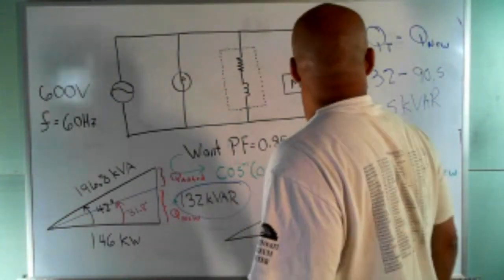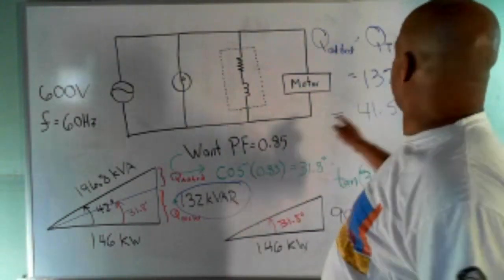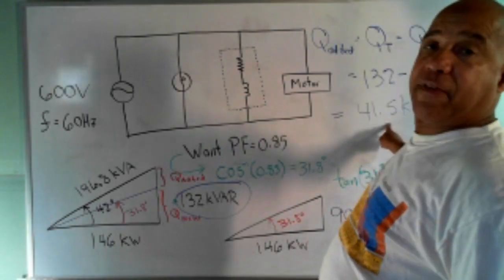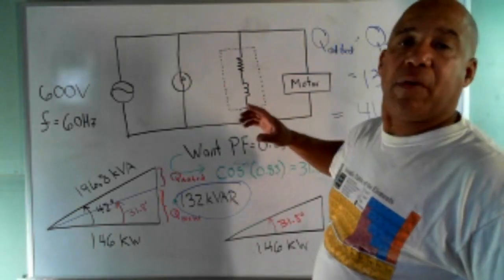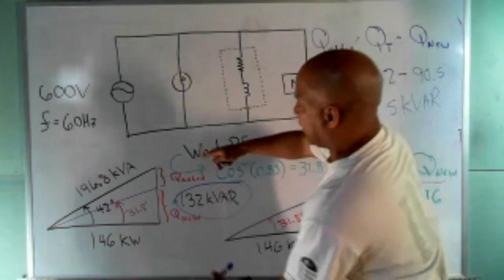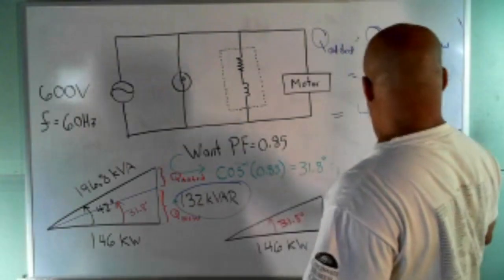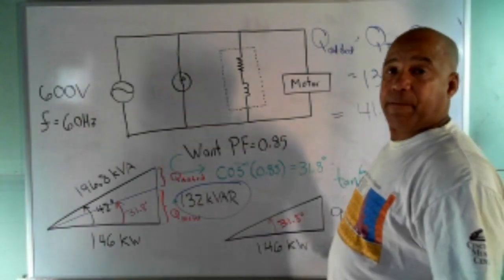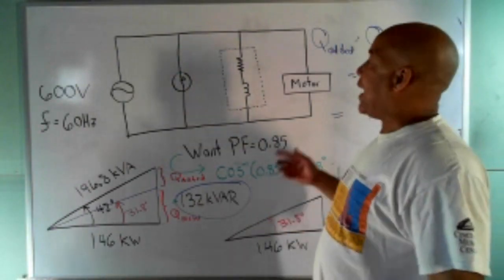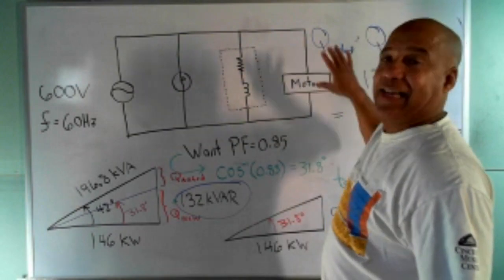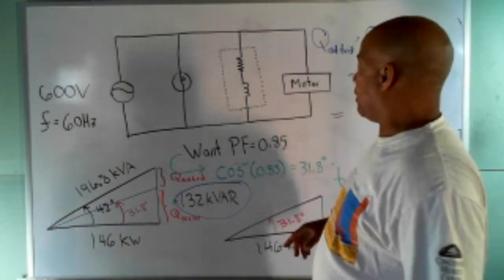So understand what this is. It's 41.5. That's the number of negative bars we got to add to push these positive bars from 132 down to 90.5. And where do I get negative bars? I get negative bars by adding capacitors to the circuit, a big capacitor.